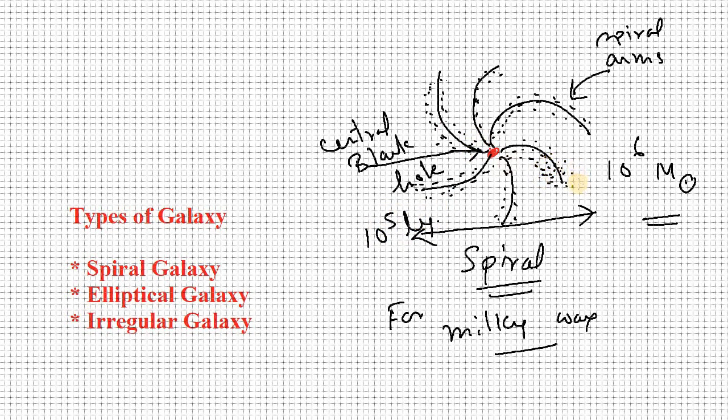It means if a photon travels from this point to this point, it will take almost 1 lakh years. So one can imagine the size of a typical galaxy.